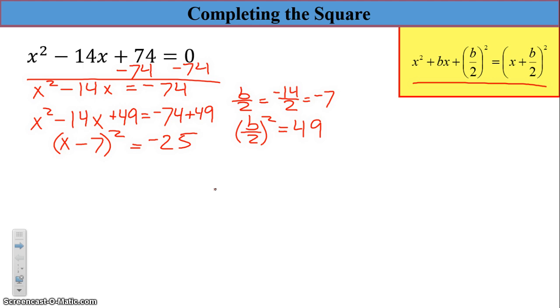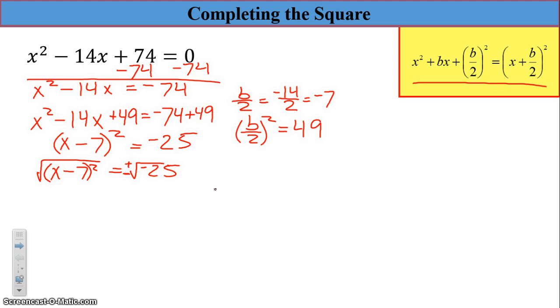So we're still trying to get x by itself, so the next step would be to square root our quantity x minus 7 squared. We have to do the same thing on the right side, so we're going to square root negative 25. And since we do that, that's going to leave us with a plus or minus answer.